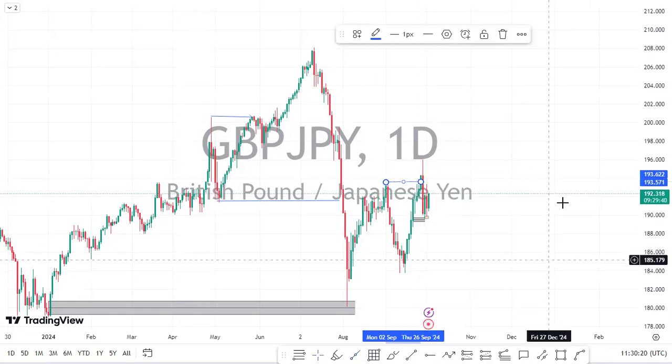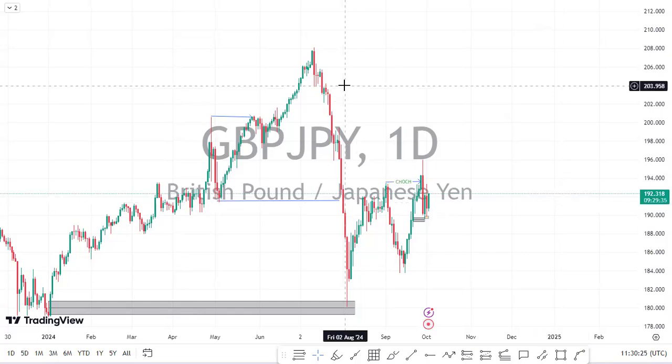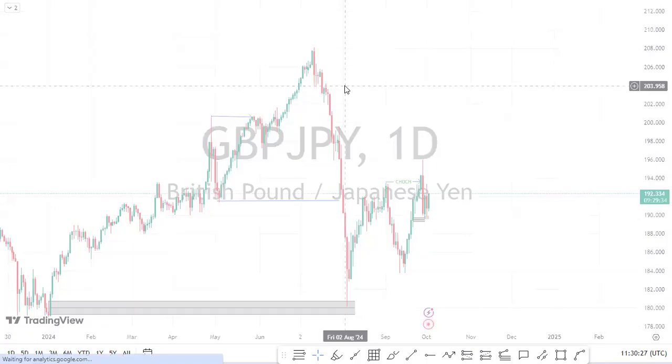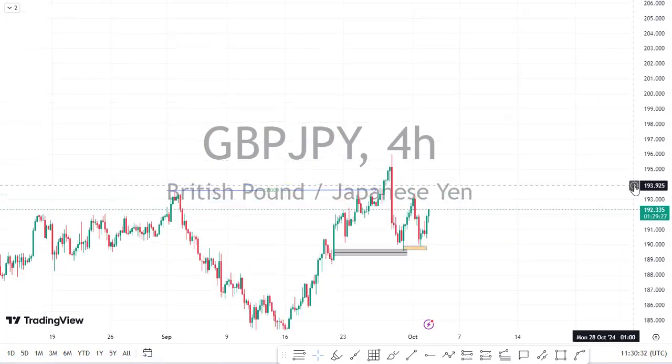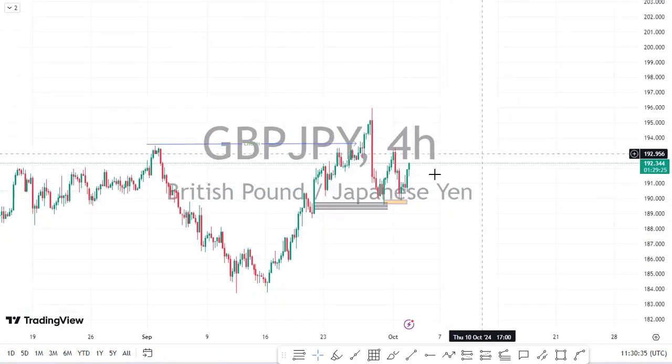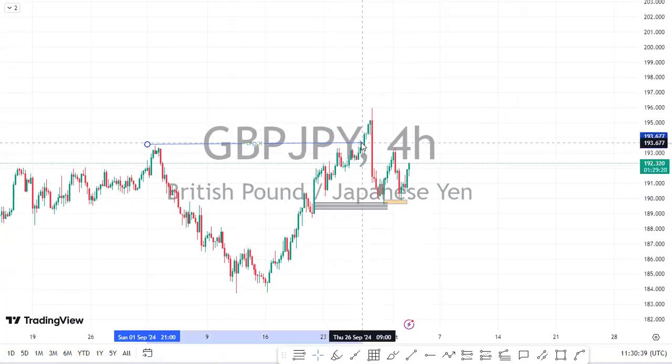So we have our change of character there on daily. Jumping to 4 hours now. 4 hours says we are bullish. So this is a daily confirmation where we changed character. Let me leave it like this.